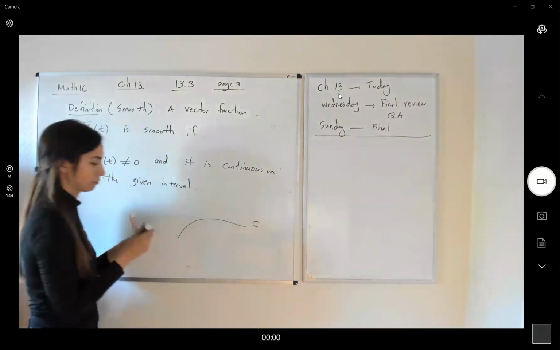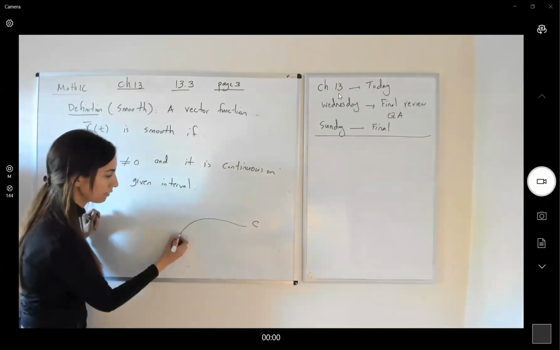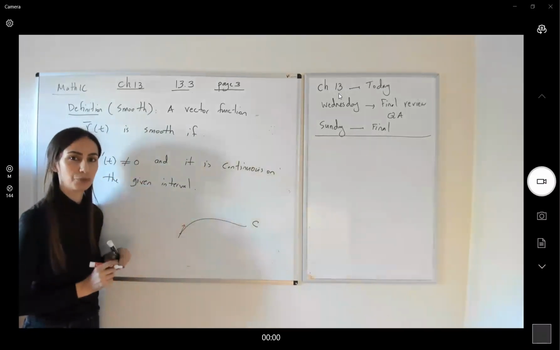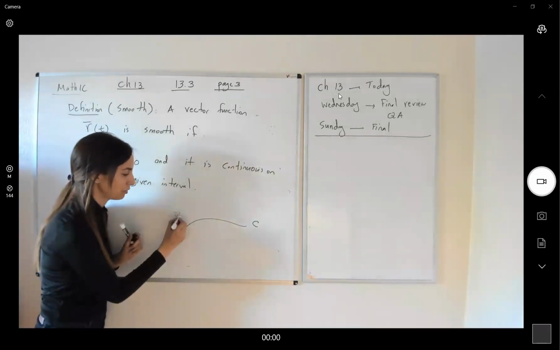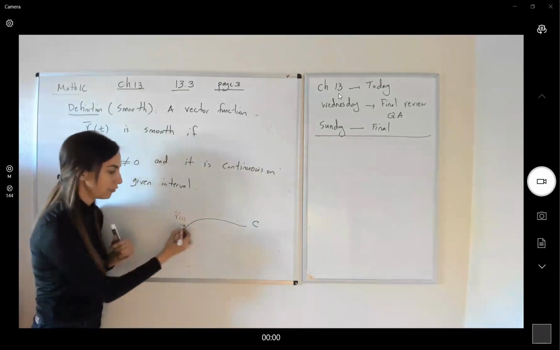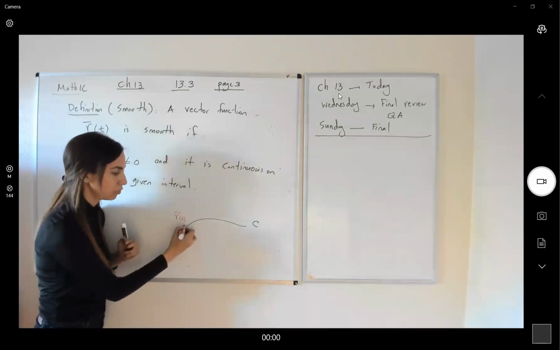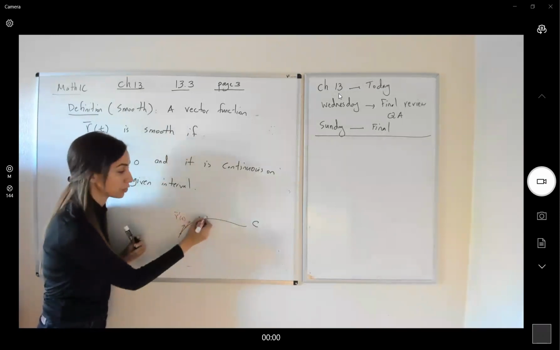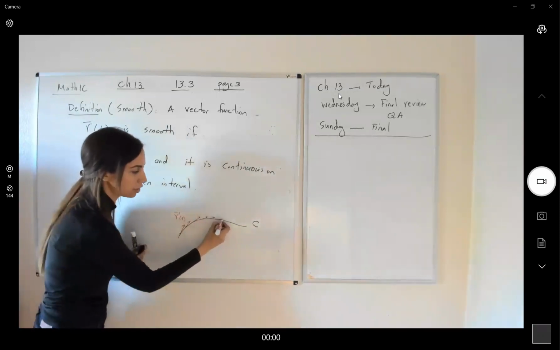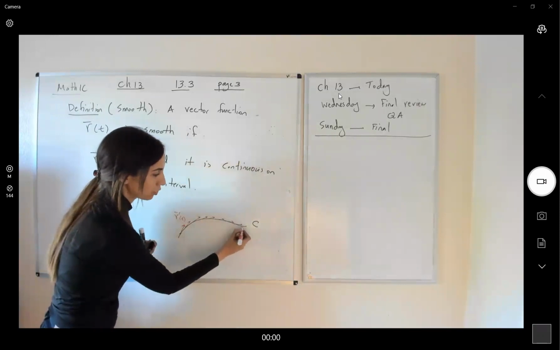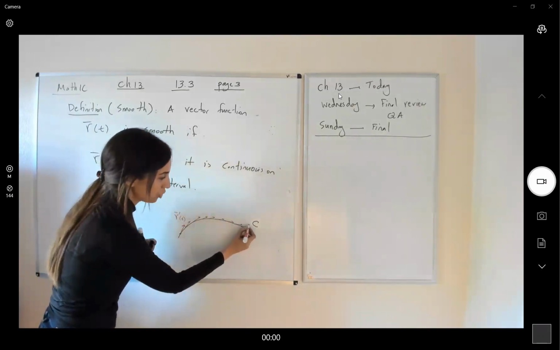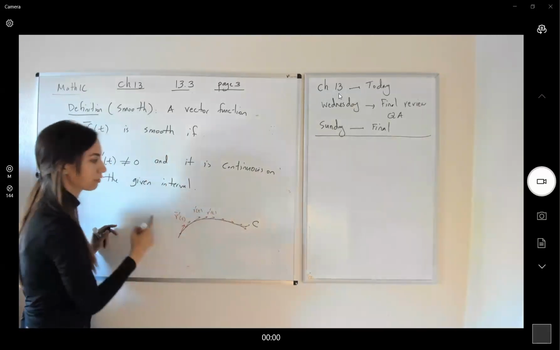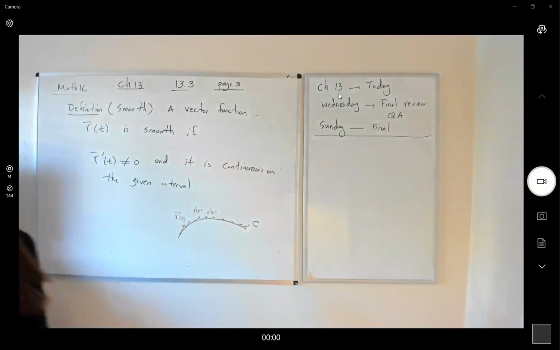This is curve C. If you have a tangent vector, remember that the tangent vector to the curve is R prime. We talked about this in last lecture. If you take this arrow and start moving along your curve, there is no gap, and it continues smoothly along your curve. So since it's tangent, it is going to be like this. The rate of change is never 0, and it is continuous.